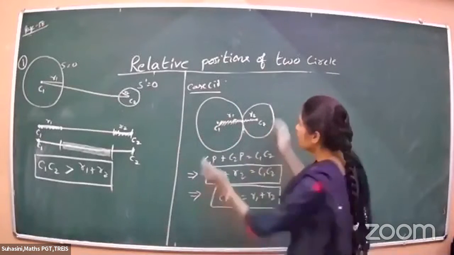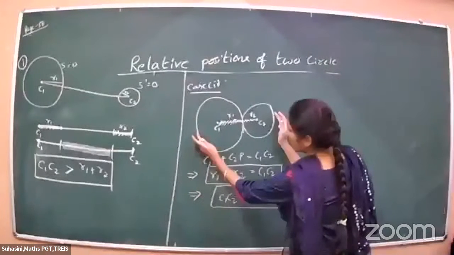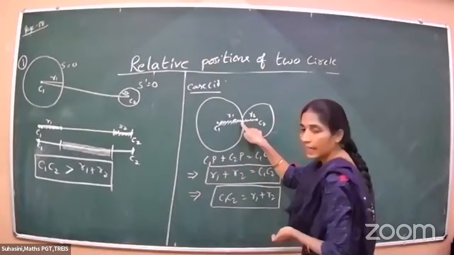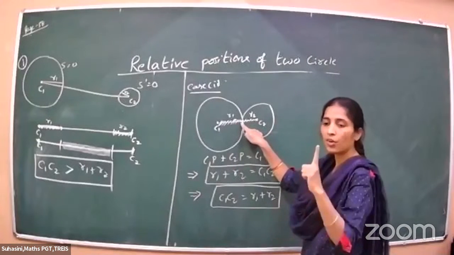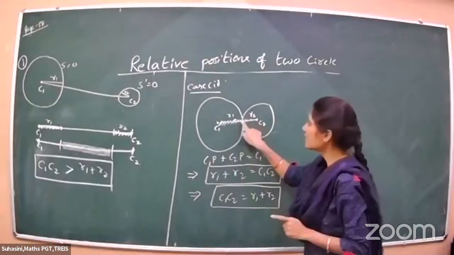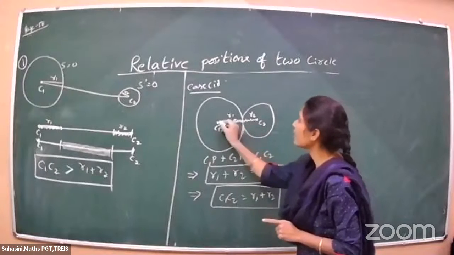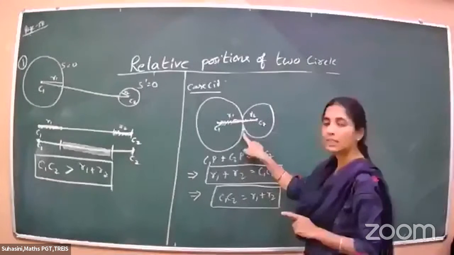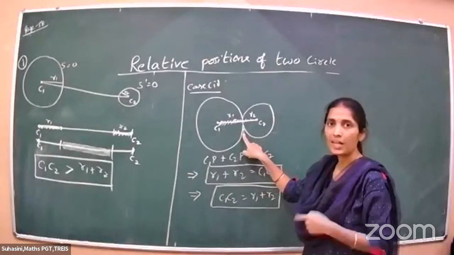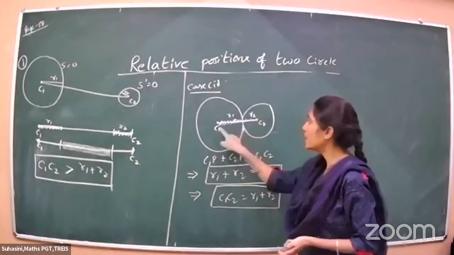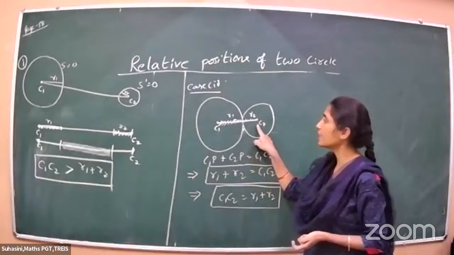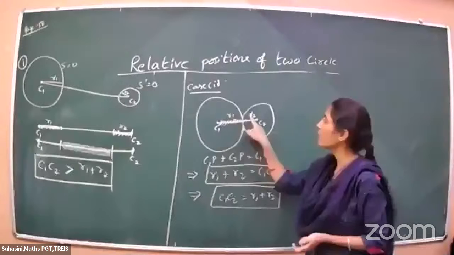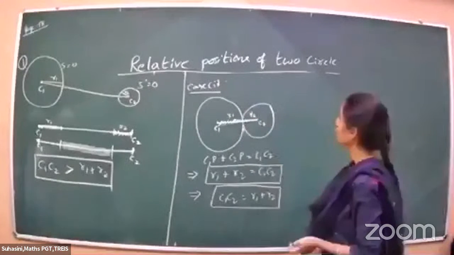Observe, children, when two circles touch each other externally, one point of contact exists, and this point of contact P is on the line joining C1 C2. In other words, P divides the line joining C1 C2 internally in the ratio of their radii, R1 : R2.